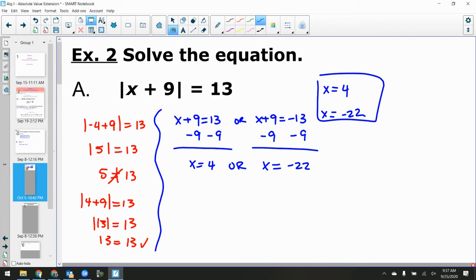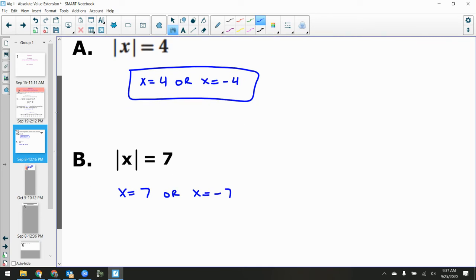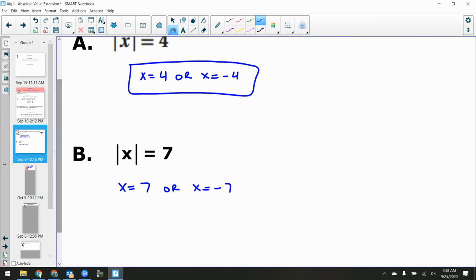What happens with the absolute value? It turns it into +13. So -22 is a viable solution. So x equals 4 or x equals -22. You will not get the same value, positive and negative, all the time. That was just special because it was just x equals.